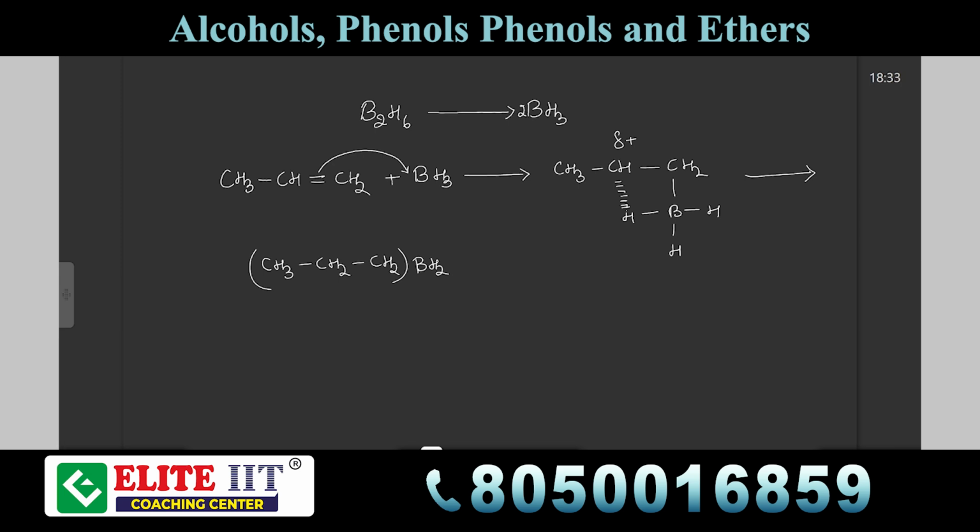One of the hydrogens is added to the second carbon atom, and then we get BH2. Like this, you can show a 3-step reaction. One more molecule of CH3, CH, double bond CH2 gives CH3, CH2, CH2, so that I can substitute both the hydrogen atoms, and I'll get 3 molecules attached to B.